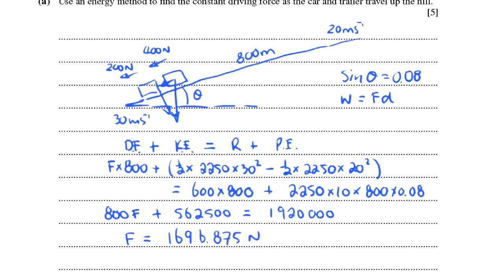Okay, the front of the paper says give your answer correct to 3 significant figures. So our driving force is going to be approximately, we're going to the 9, the 9 goes to a 10, 1700 newtons. Part A done.